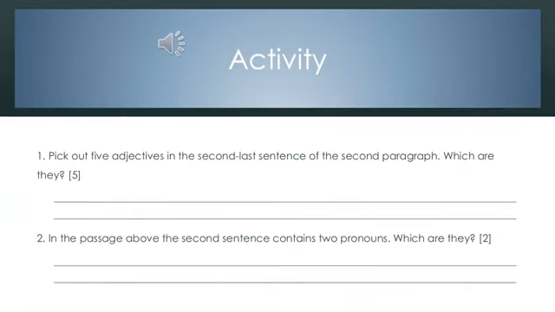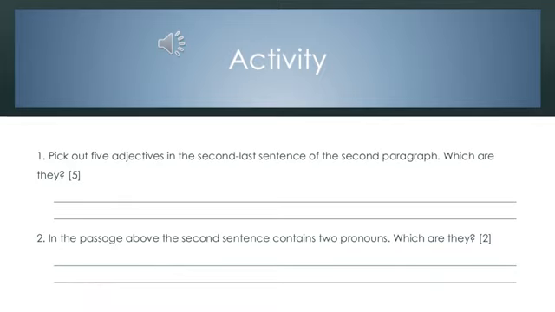Okay, so these questions are based on the paragraphs that we just read. 1. Pick out 5 adjectives in the second last sentence of the second paragraph. Which are they? You need to find 5 adjectives and then say what types of adjectives they are. Are they demonstrative?